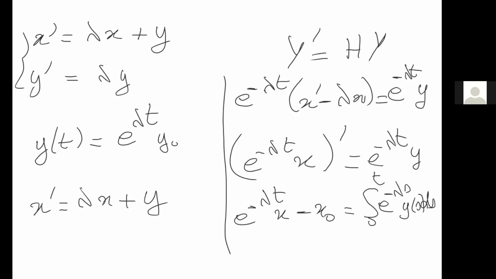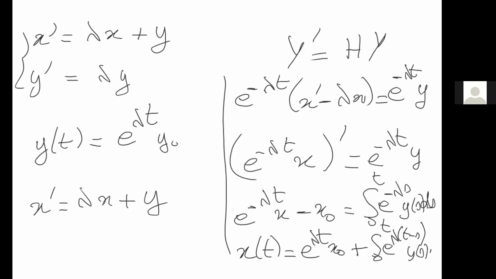This is quite general, so this gives x of t equals exponential lambda t x0 plus the integral between 0 and t of exponential lambda (t minus s) y of s ds.